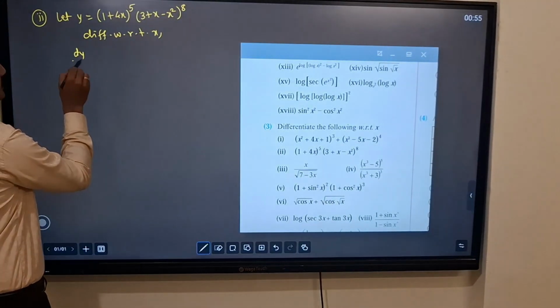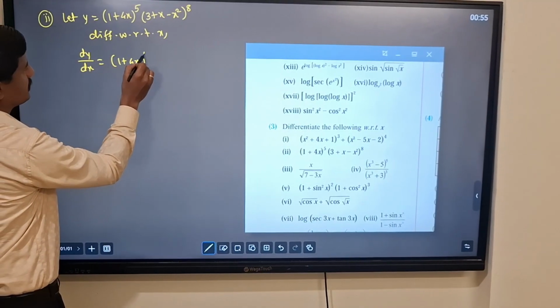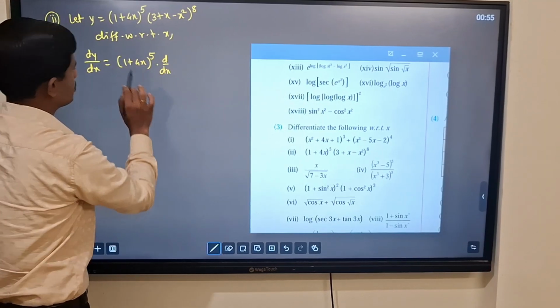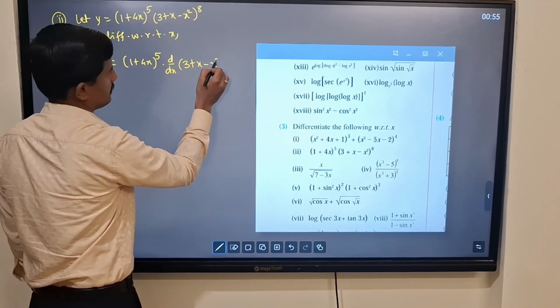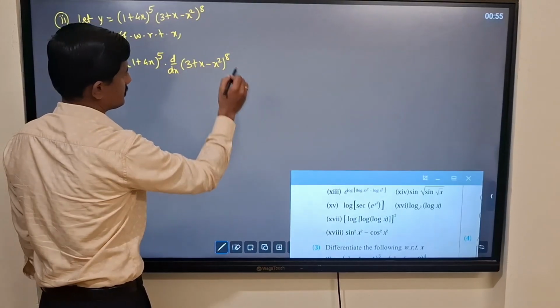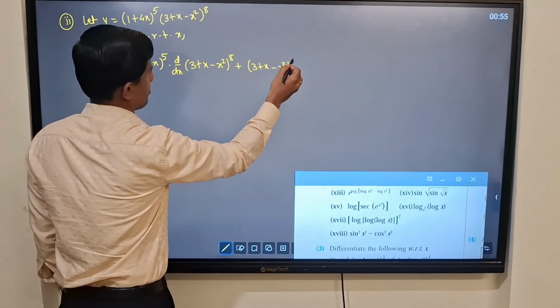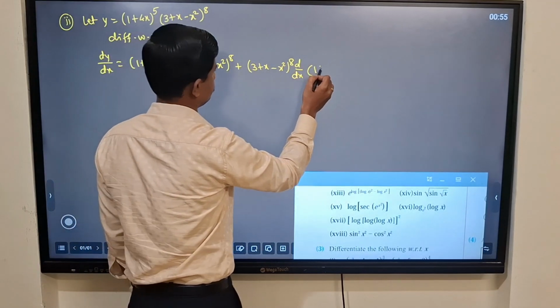dy/dx is equal to (1 + 4x)⁵. These two terms are in multiplication. So first term remains as it is, and differentiation of second term, plus now second term as it is and differentiation of first term.